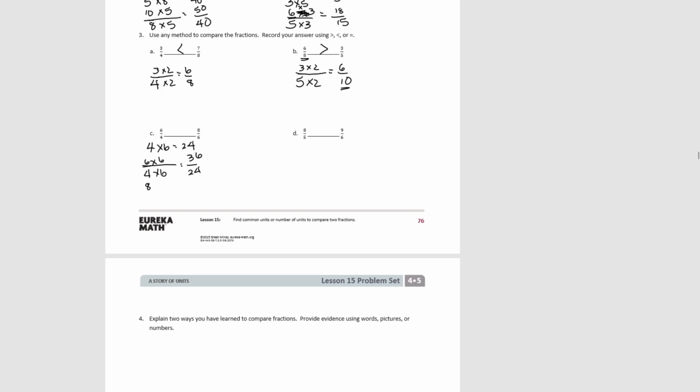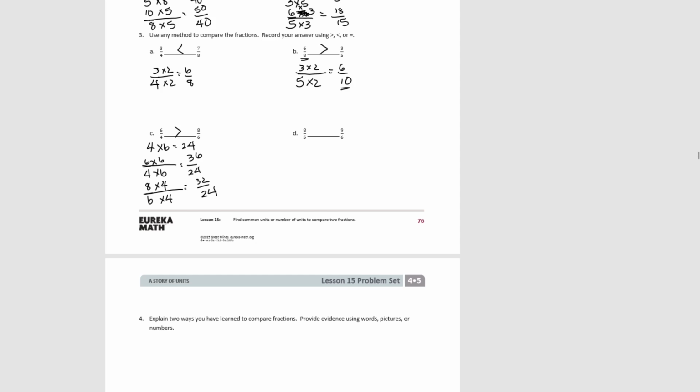And for 8/6, I'm going to multiply by 4 and get 32/24ths. And since 36/24ths is greater than 32/24ths, 6/4 is greater than 8/6. Pause the video and try D.